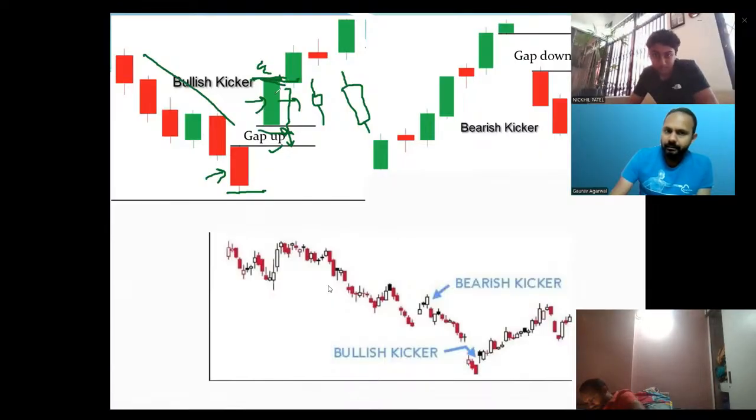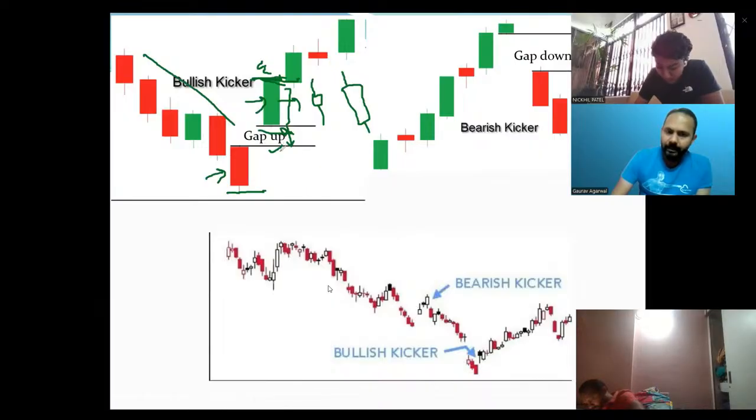See, this candle may be formed only on Monday, so you may be able to take a trade only on Tuesday, or once this candle is closed, correct? So you have to wait for the candle to close. After that, you can make an entry. Oh, okay.